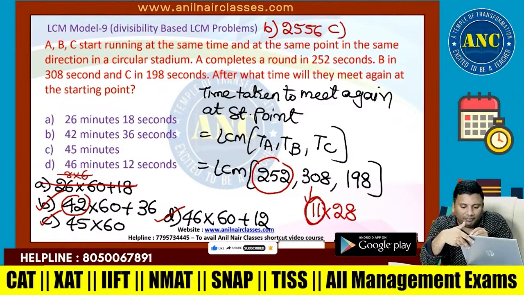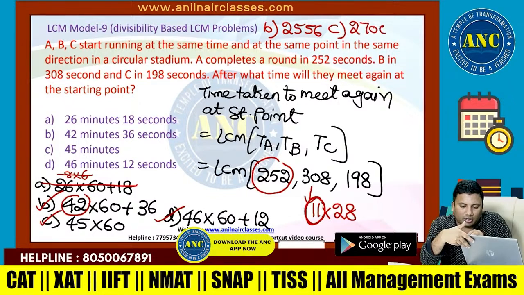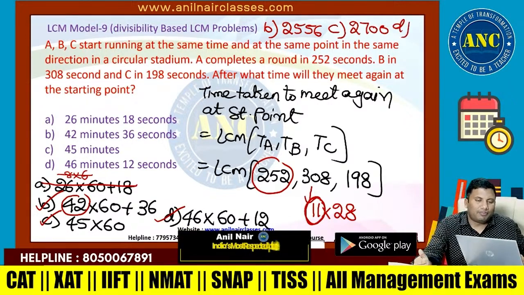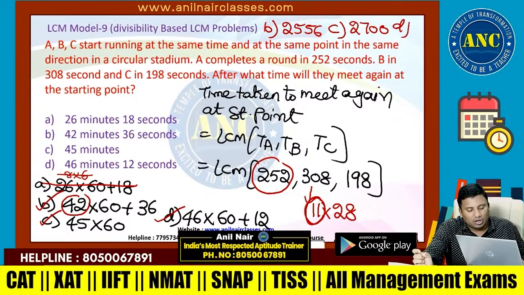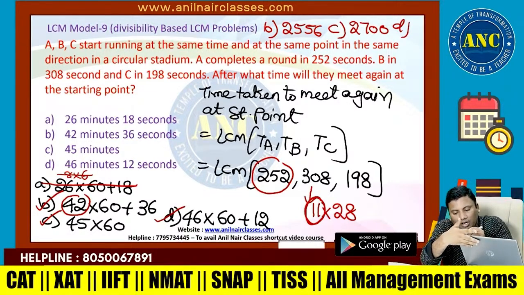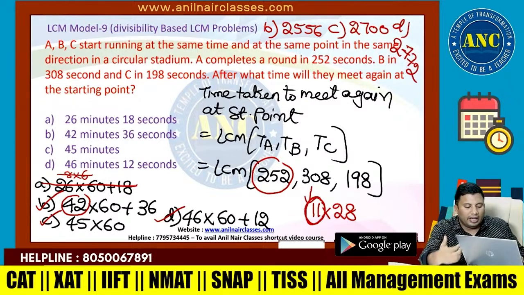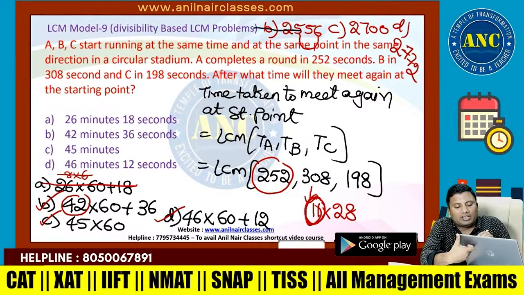C, 45 into 60 is 2700. D, 46 into 60 is 2760 plus 12, 2772. It should be divisible by 11. Sum of the odd places: 6 plus 5 is 11, 11 minus 7 is 4. These are also not divisible by 11.